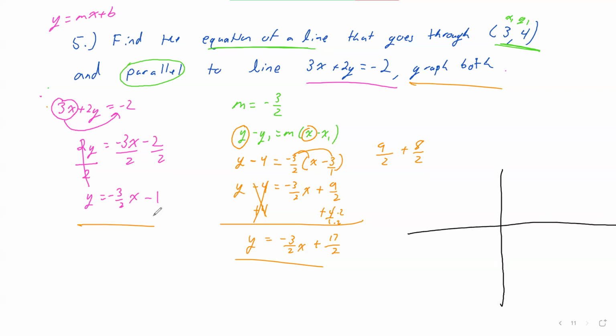So looking at the first one, the pink one here, I'll try to keep it color coded. Where do I start? All right, so what's my first point when it's in this form?